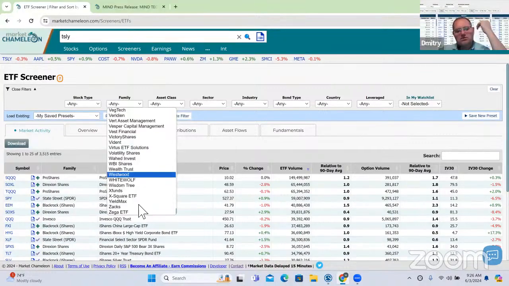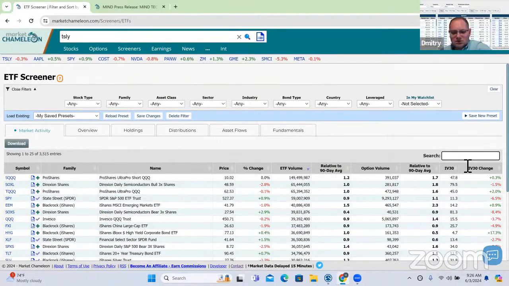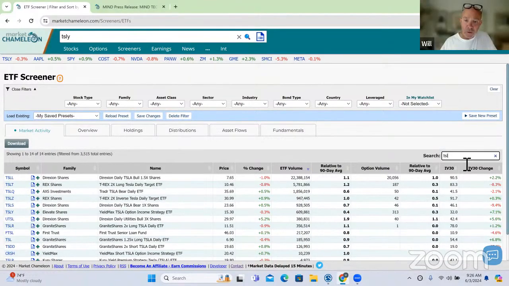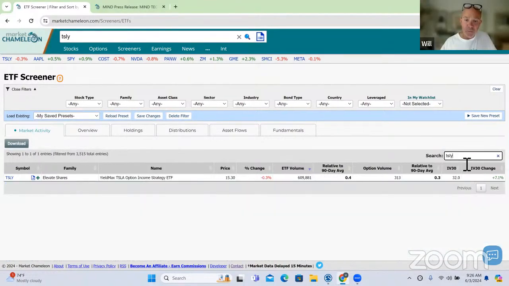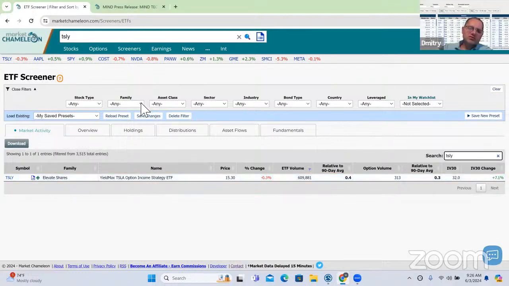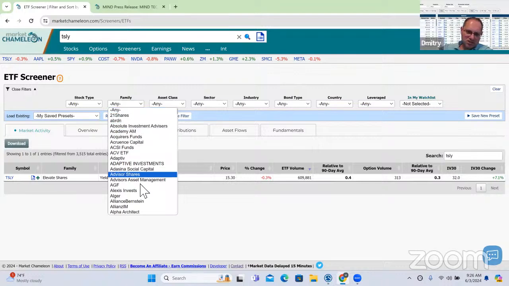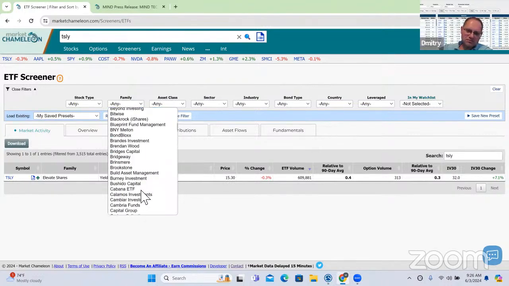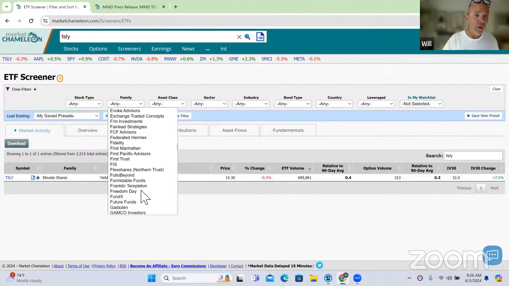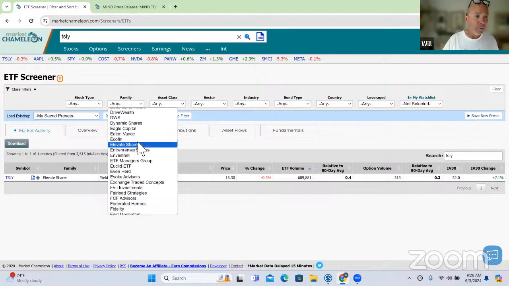I don't see it. Another one is NVDY, the other one he typed in. They have them here as Elevate Shares. Let me see if that's it. We do have NVDY. I see it popped up. We have data on it.